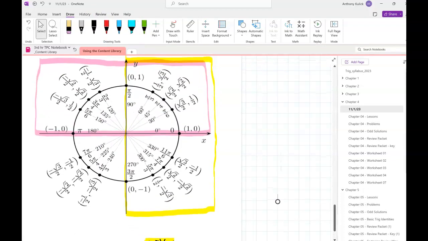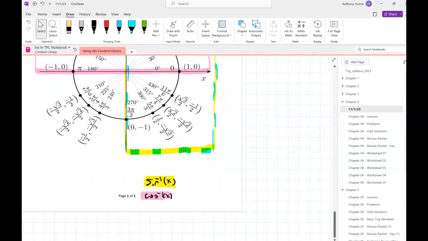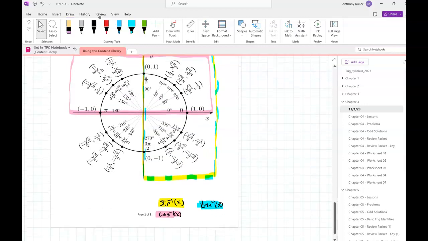And then we're going to do a dashed line on quadrants 1 and 4 for tan inverse. So that's where those guys live.